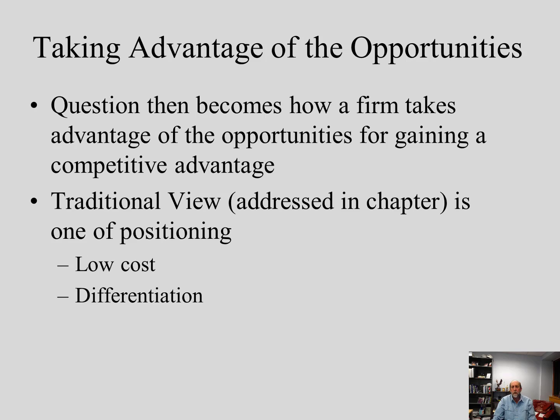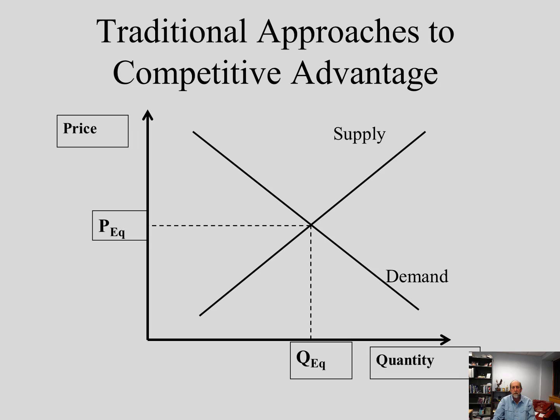But then we fall back on what I call traditional views of positioning the firm for advantage, low cost and differentiation. And it's not that these are wrong, but they don't quite jibe with this dynamic view of industry disequilibrium and change. Really at the risk of becoming a little esoteric on you here, but trying to provide a little context.